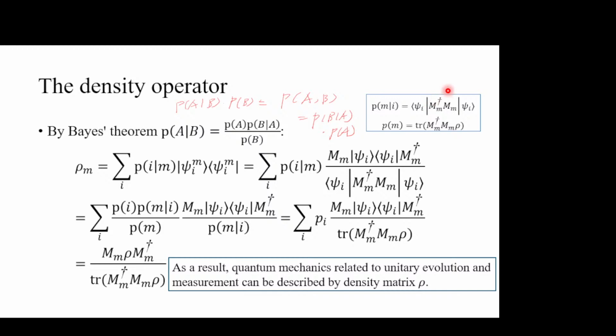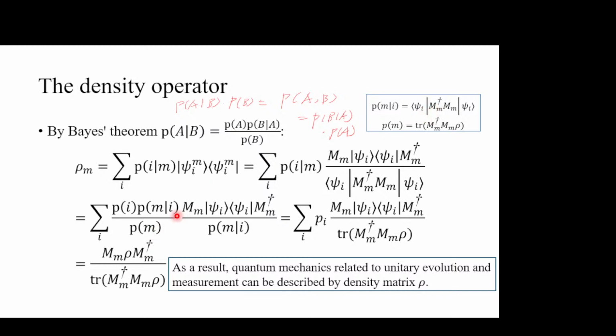The probability of m conditioned on i we calculated two slides before: when the input state is i, the outcome is m, and it's just this inner product. The probability of m we also calculated two slides before: it is the trace of M dagger M rho. So we just plug in everything here.